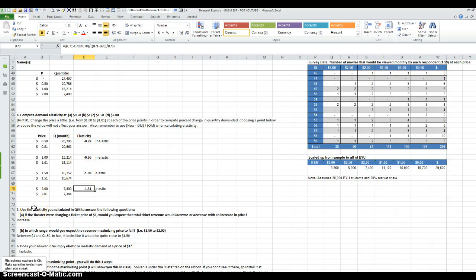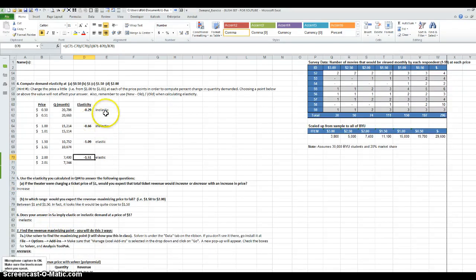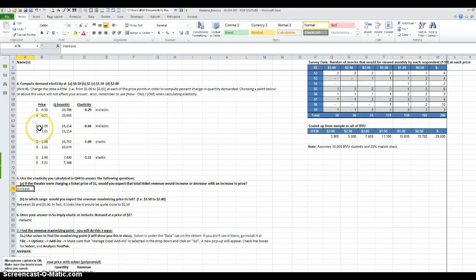Okay, so I put up here whether these are elastic or inelastic, and I put it here at each of these points. All I ask you down here is to say if the theater were charging $1 and they raise prices, would you expect revenue to increase or decrease? Well, we would expect it to increase because this is less than 1, and so it's inelastic, which means people at that price are price insensitive, so you could raise the price and you would do better.